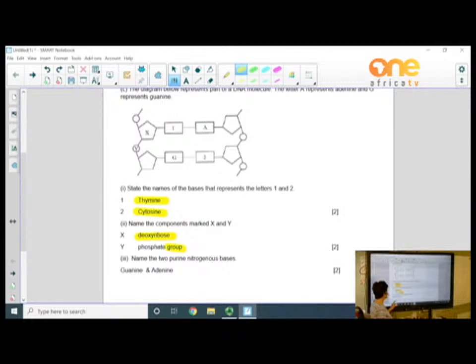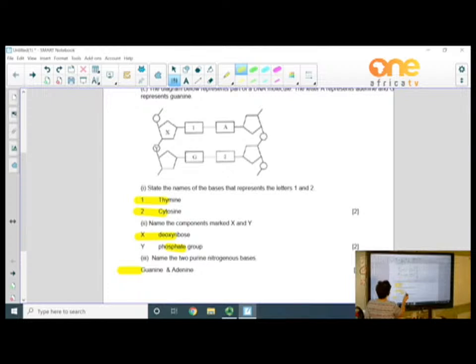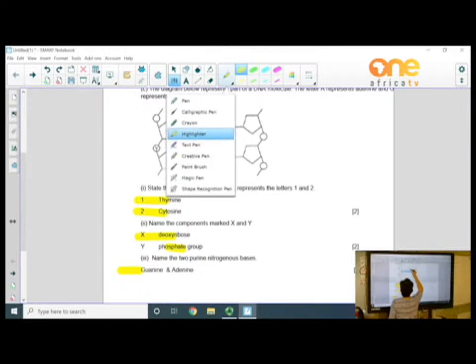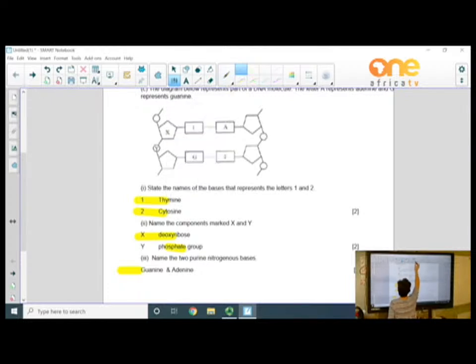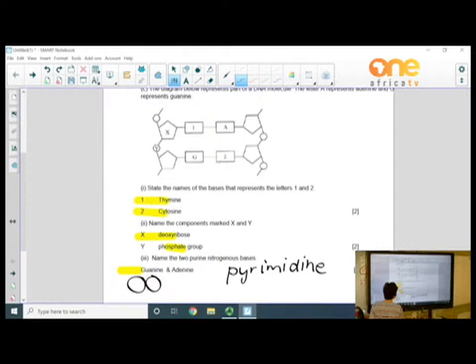Purines are guanine and adenine. A way to remember: the pyrimidines are the smaller ones, the ones with only one ring. Yes, somebody said the purines are two rings.